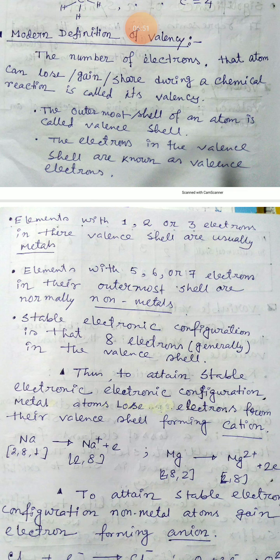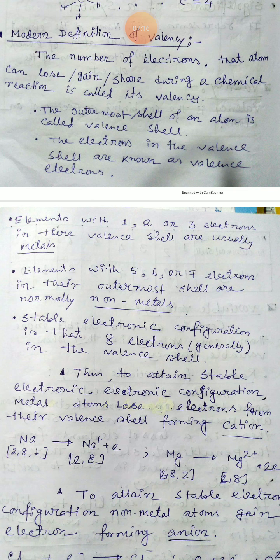Next point, elements with 1, 2 or 3 electrons in their valence shell are usually metals.